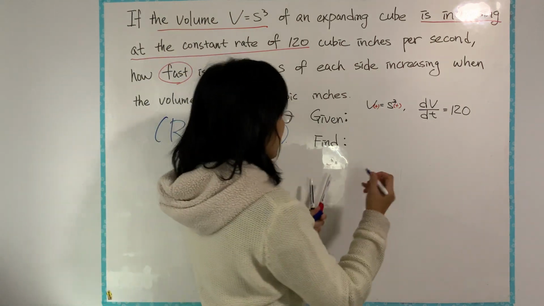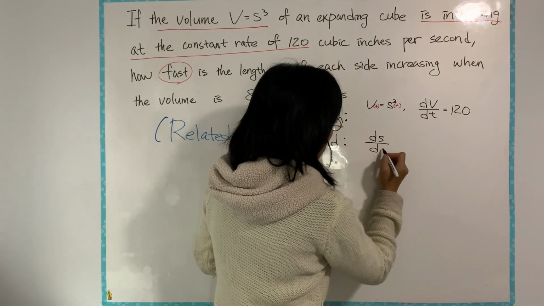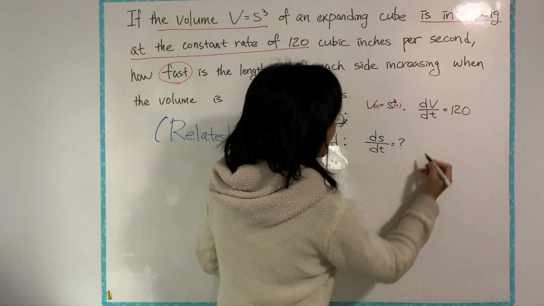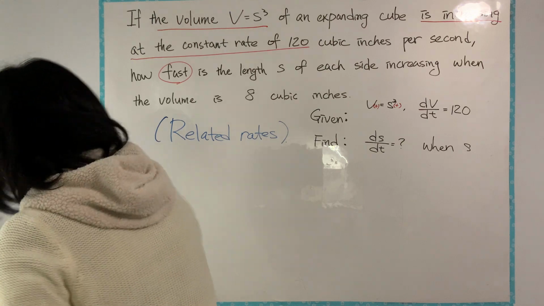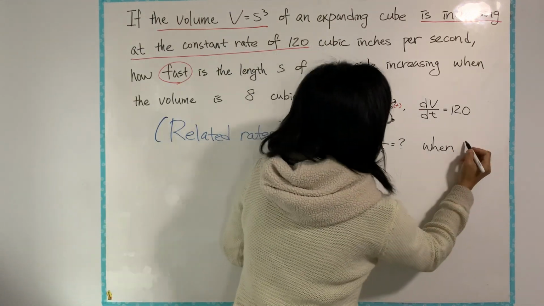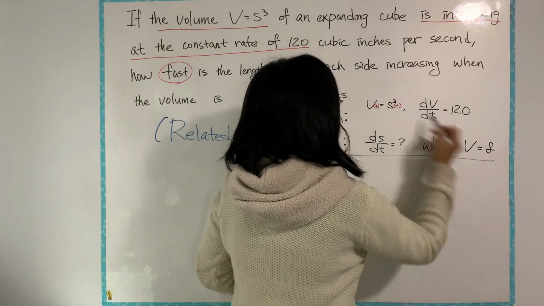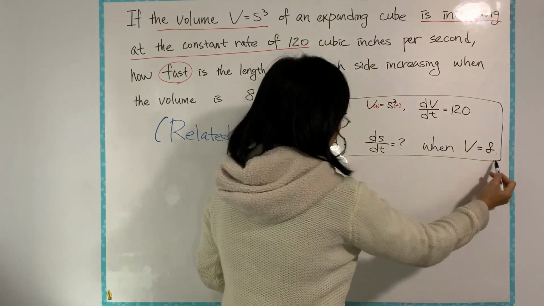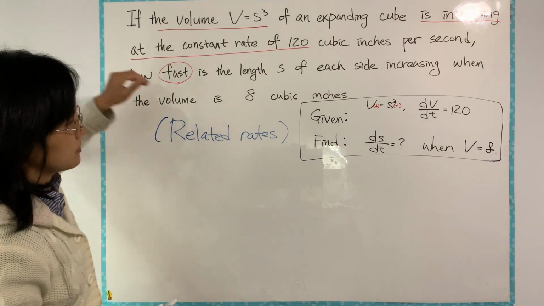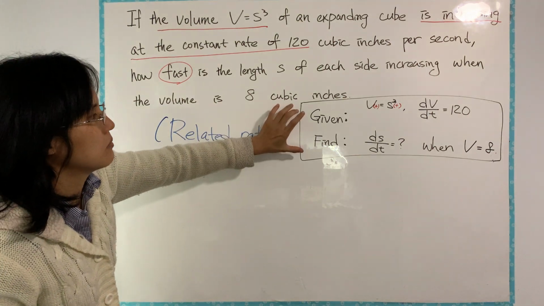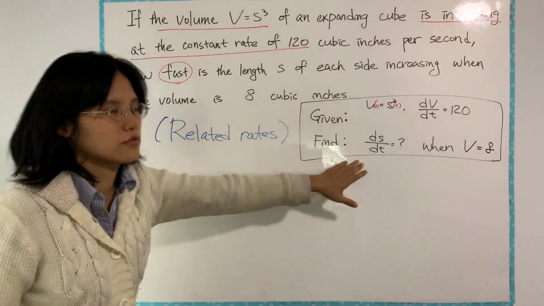So you are looking for the rate of change for S, when volume is equal to 8. Now we have converted a word problem into more of a math problem. You have something given and you have something that you are looking for.